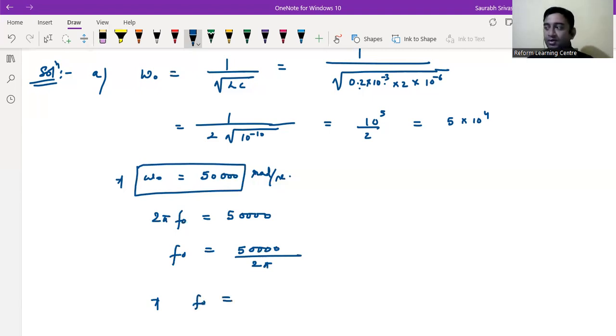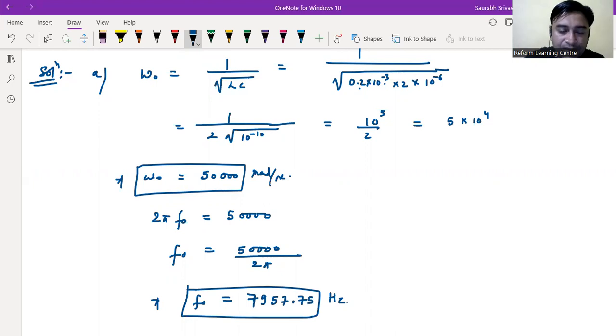What is 50,000 upon 2 pi? 7,957.7475. So 7,957.75 hertz. This will be in hertz.